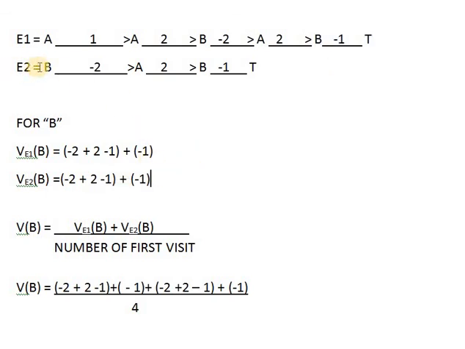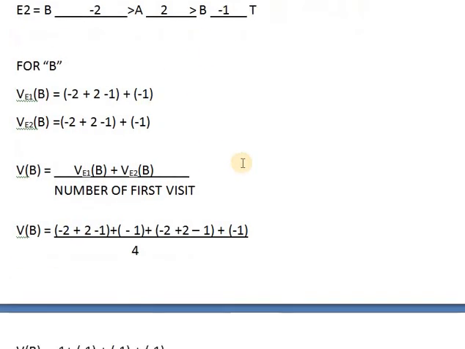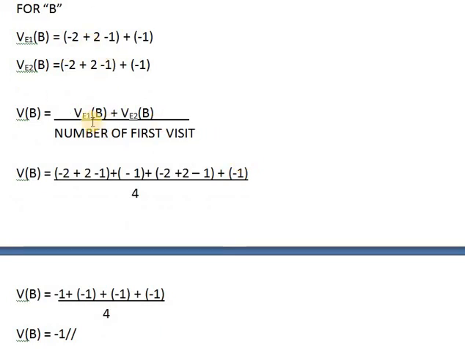Again in the second event the B starts from here and goes up to the end, so all the values: -2, 2, -1. Again here the second B starts here and ends at T, so that value I have taken here as 1. Okay, so again we use the same formula, E1 of B and E2 of B, and overall how many instances are there?